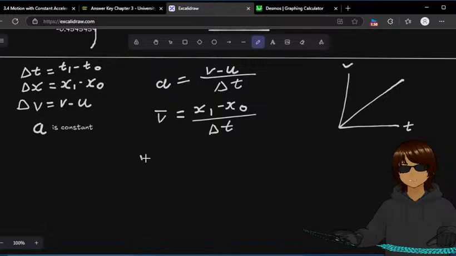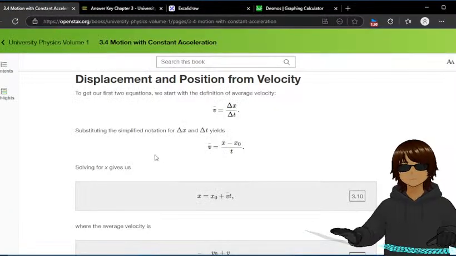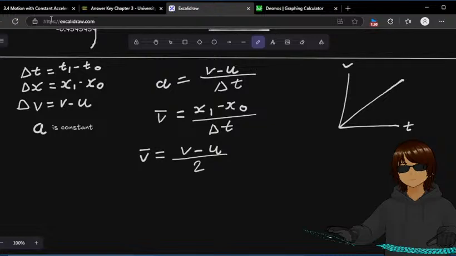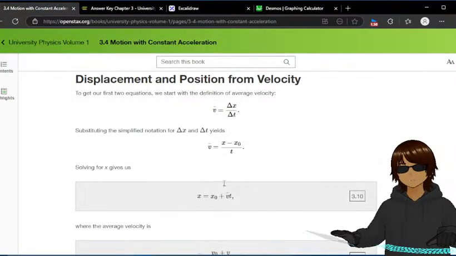The average velocity is also the final plus initial divided by 2. So then what? Okay, so I understand how they got this.